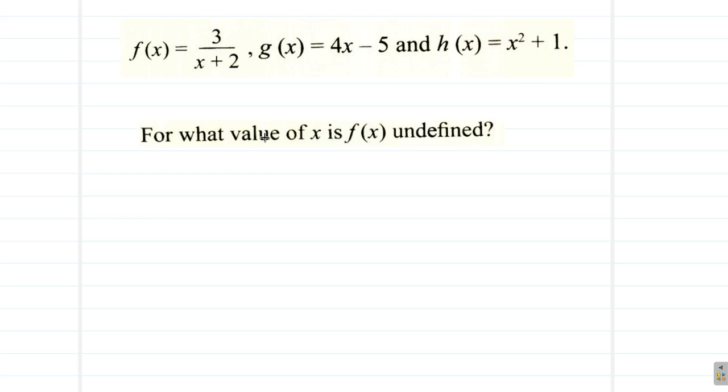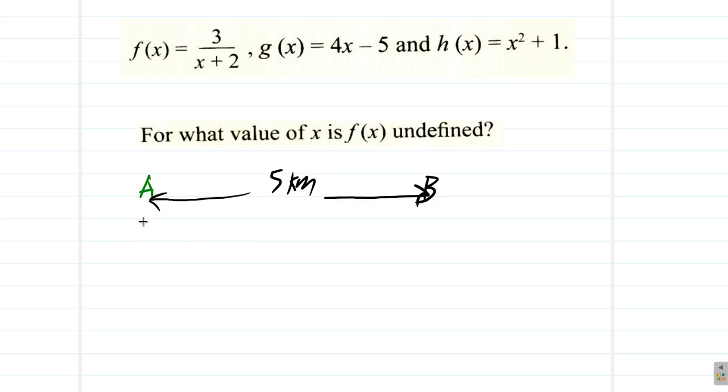Now, why is it that you can't divide by 0? First of all, if anybody asks you, what is 5 divided by 0? Don't tell them 5 and don't tell them 0. It is undefined. Why is that? Suppose you're at A and you want to go to B, and A to B is 5 kilometers apart.